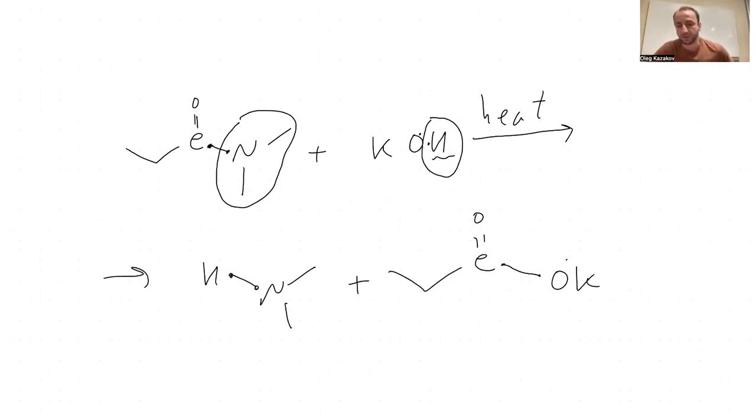It is potassium, one, two, three, potassium propanoate, by the way. So the potassium salt of propanoic acid is going to be obtained as a result of this base-assisted hydrolysis of an amide. And then here we go, the exciting chemical properties of amides.